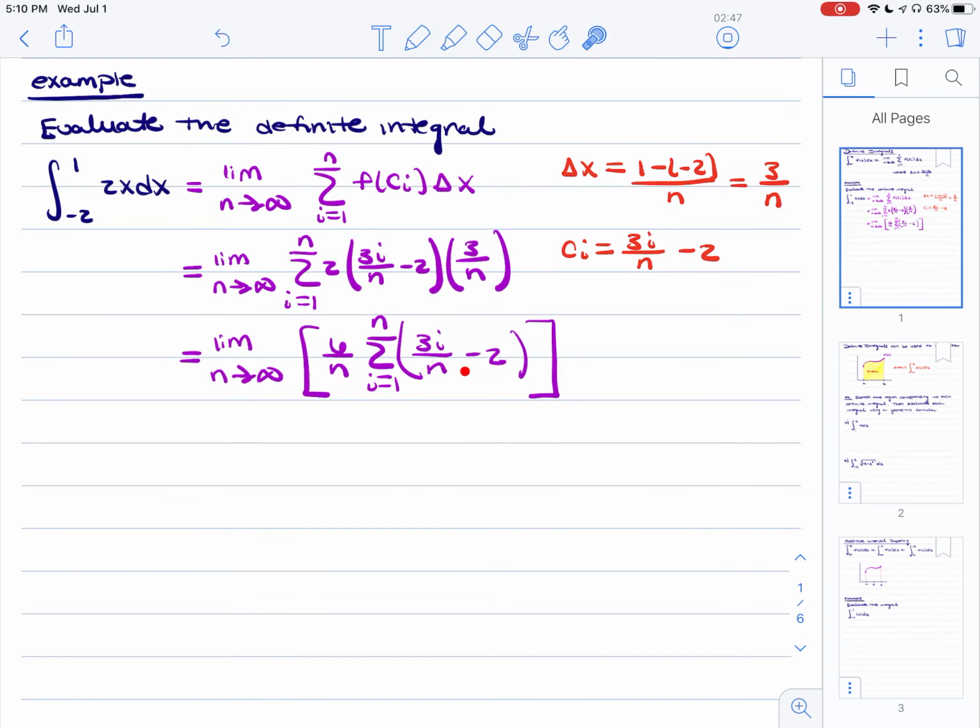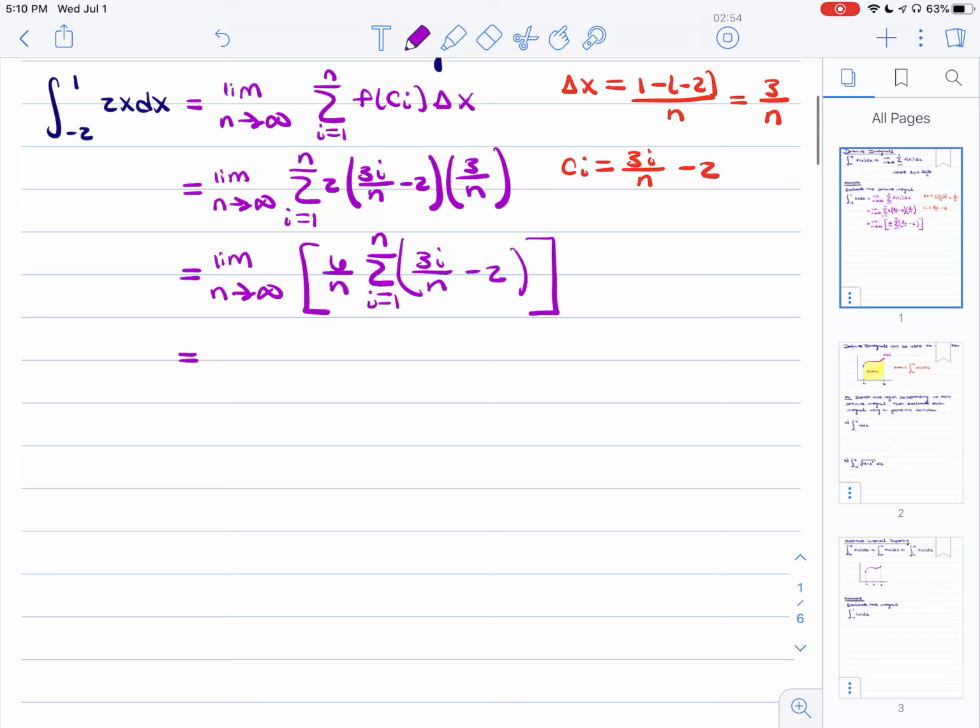All right, then because this is being subtracted, we can split this up into two different sums. Actually, I'm going to pull even more out of this. I'm going to pull the 3 over n out front of this one as well.